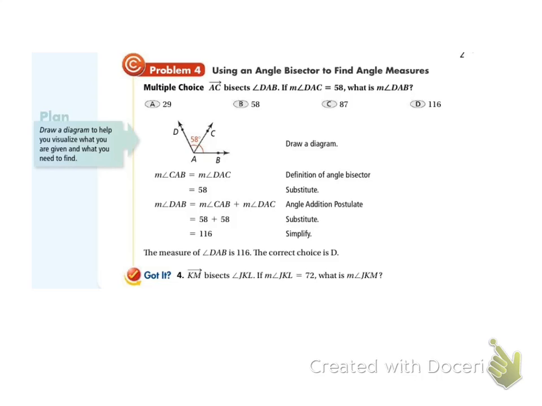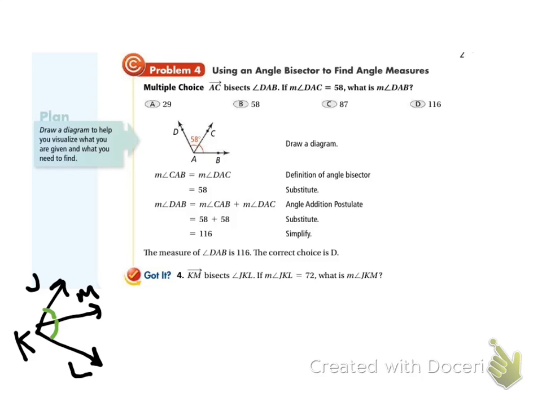Let's try that on our own. So they're talking about an angle JKL. And I'm told that KM bisects the angle. Let me switch colors here. So if it bisects, I know that these guys are equal.